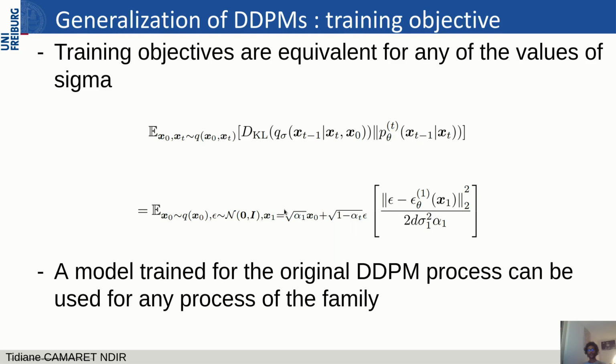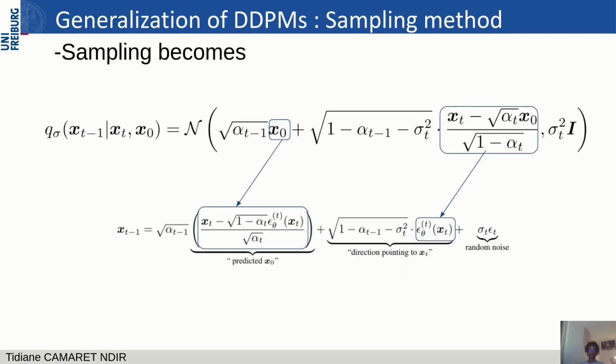So the optimal function for the noise stays the same. So that means that a model trained for the original DDPM process can be used for any process of the family. So we can use the noise model that we calculated in the DDPM case and plug it into the formula for the reverse process. And now we have a nice new formula for the sampling generation in the general case.